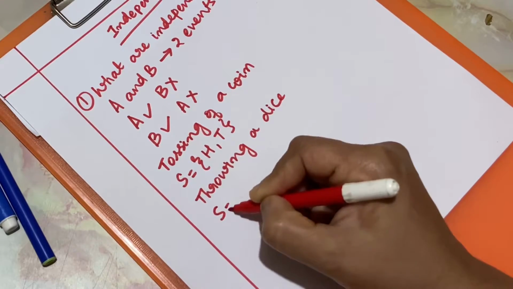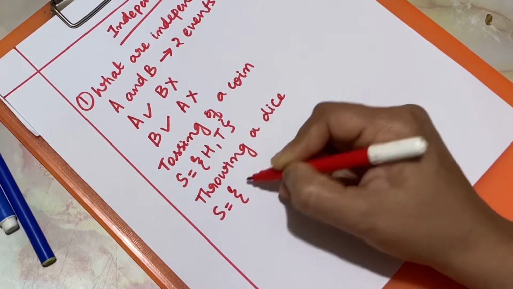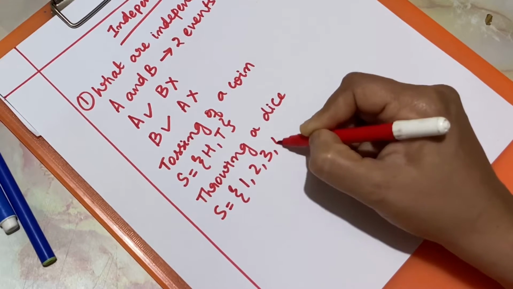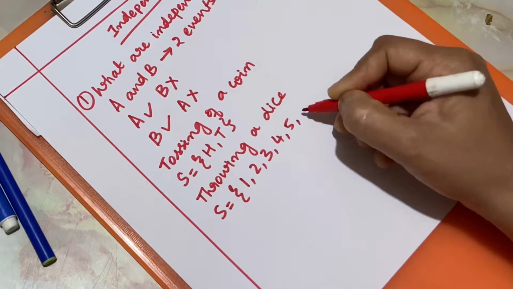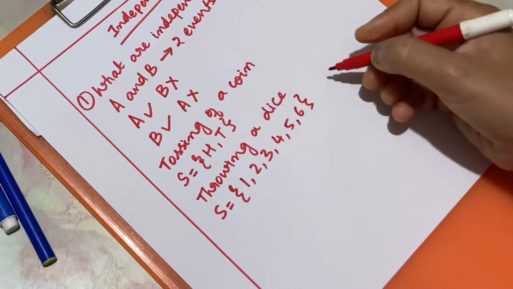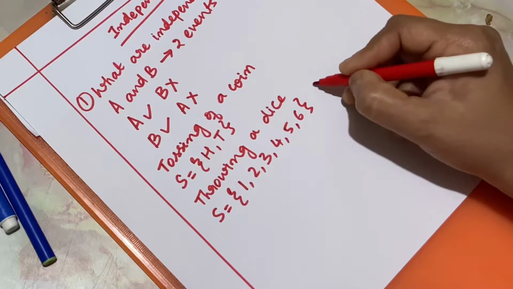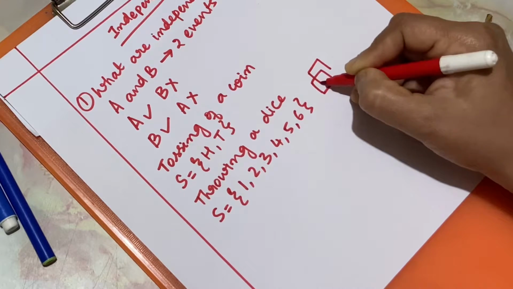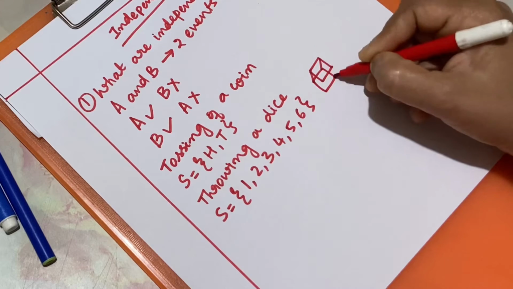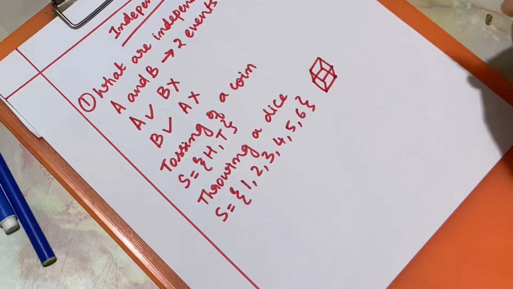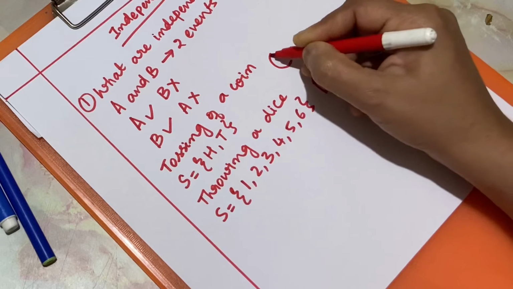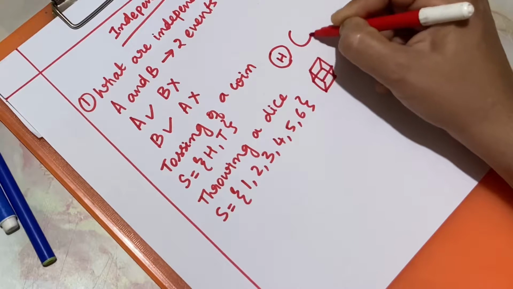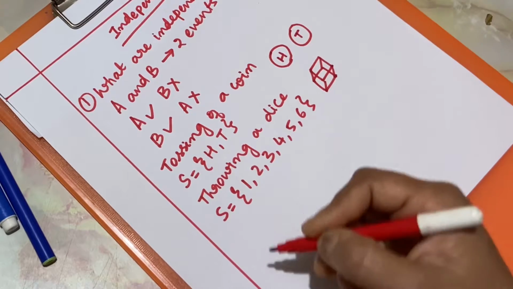When you throw a dice, the possible outcomes are 1, 2, 3, 4, 5 and 6, because a dice has 6 faces. It's a cube. Coin has 2 faces. You can get either head or tail.